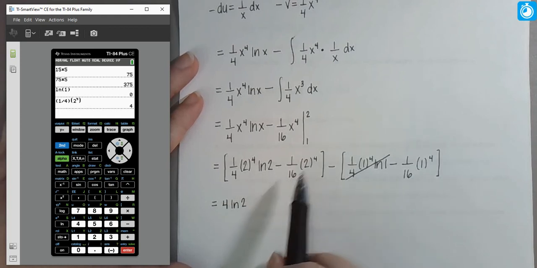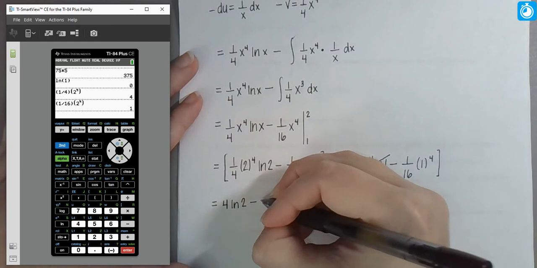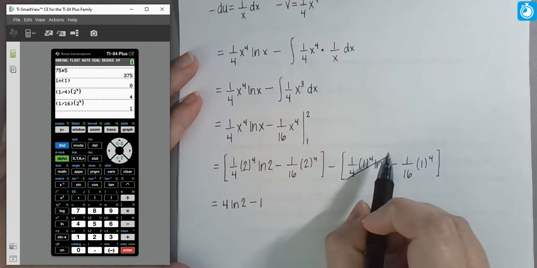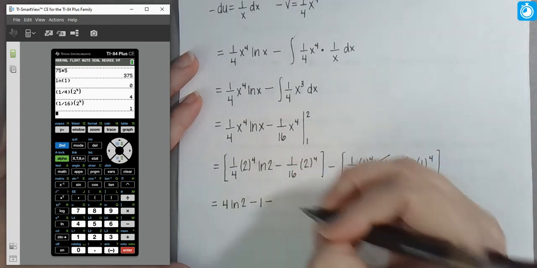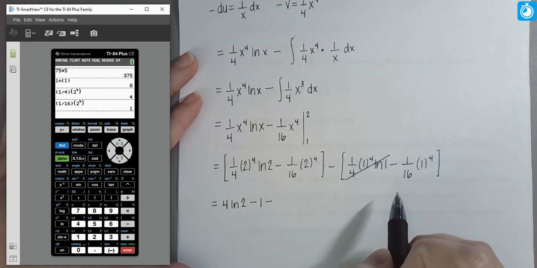And then 1/16 times 2 to the 4th power. So 1/16 times 2 raised to the 4th power, it's going to come out to 1. So minus 1. And then we know this came out to 0. And so we are then subtracting negative 1/16 times 1 to the 4th.